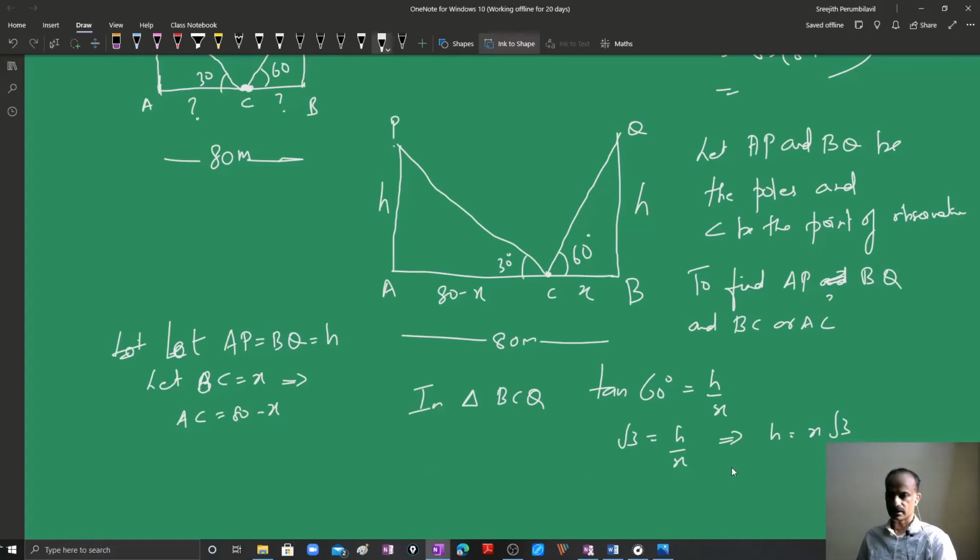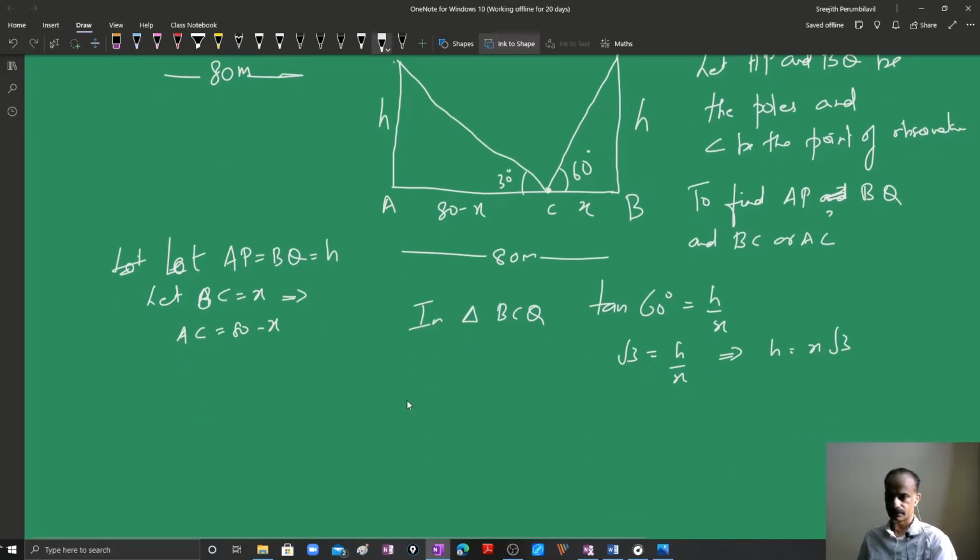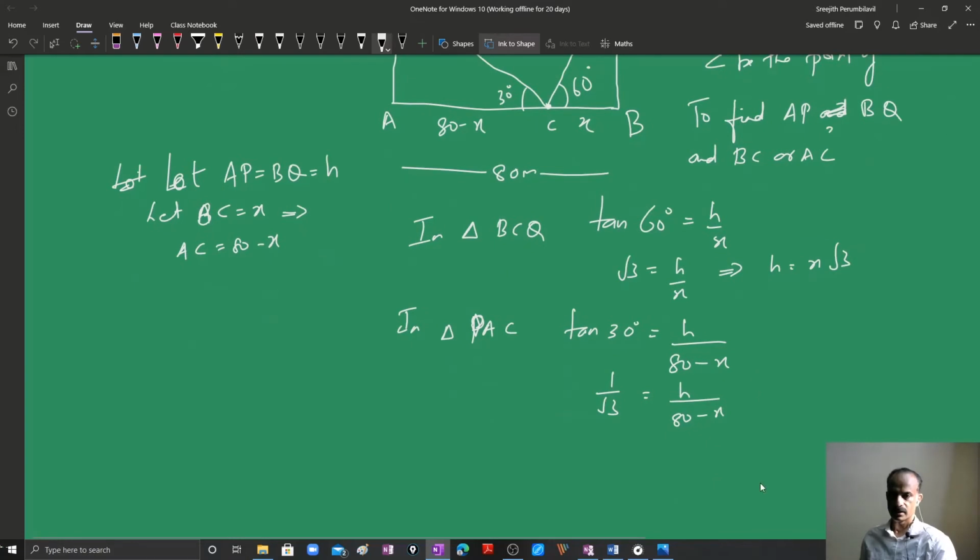And in the next triangle, triangle PAC, tan 30 degree is equal to opposite side by adjacent side. That is 1 by root 3 is equal to H divided by 80 minus X. Cross multiplying, 80 minus X is equal to H root 3.